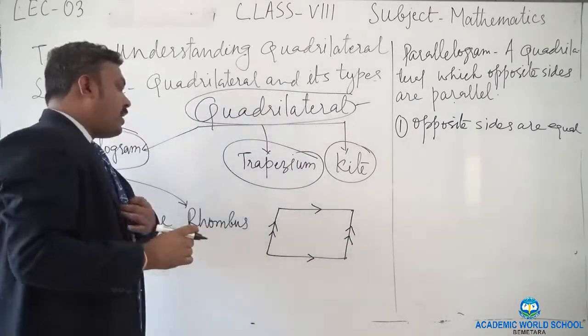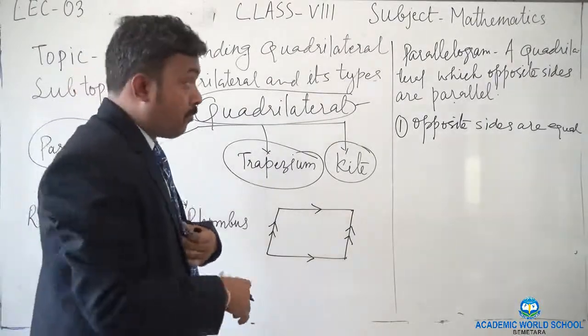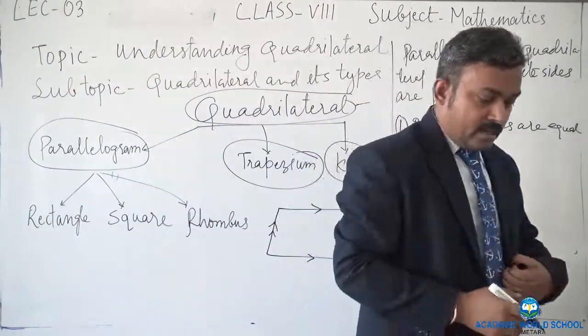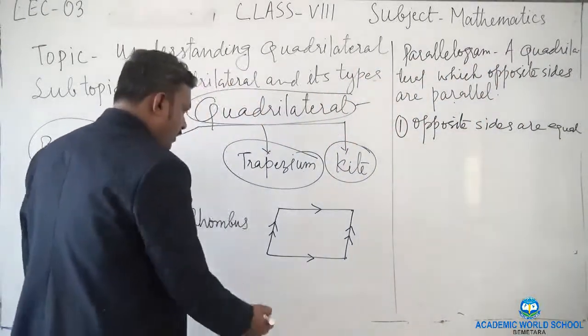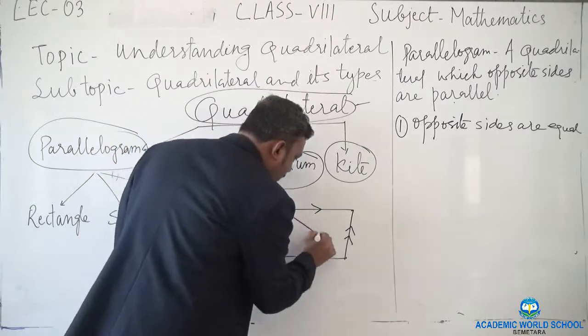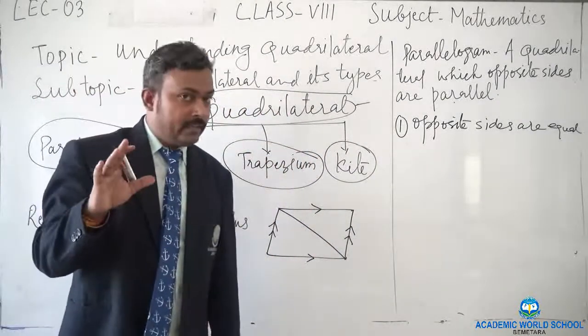What happens, we'll see in the property of diagonal: a diagonal divides the parallelogram into two congruent triangles.